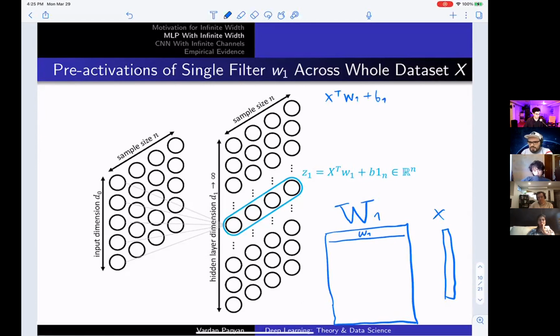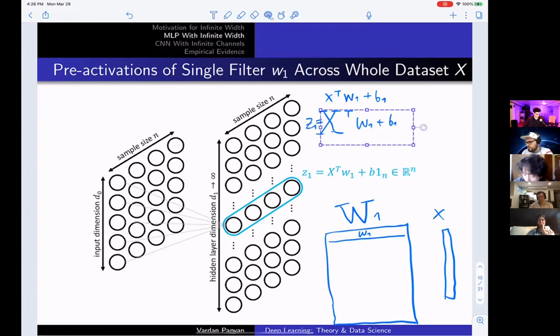Simple. Now imagine if we take all of our data set, all the examples, and we repeat this process. In that case, you would have a capital X multiplied by W1 plus B1, right? And I'm going to denote this by Z1.